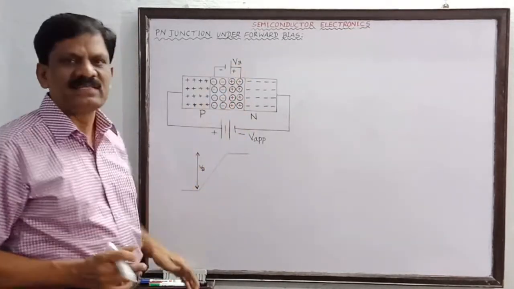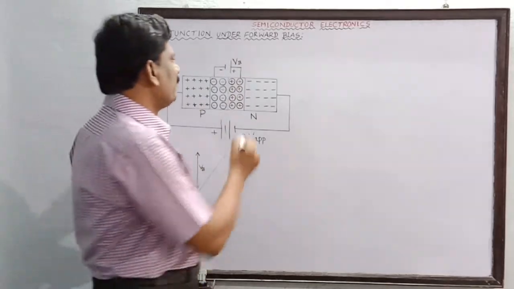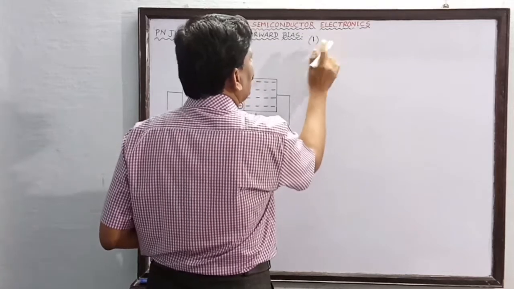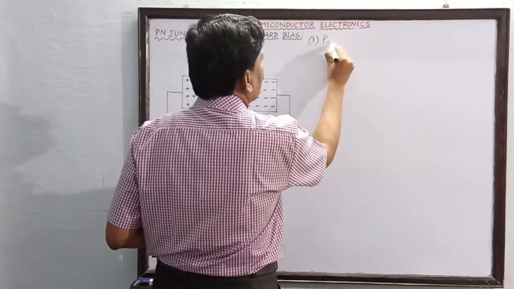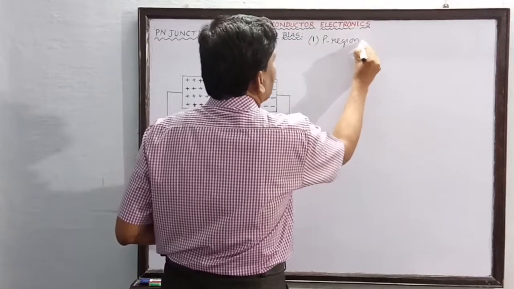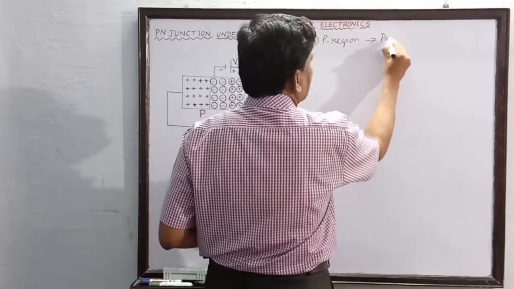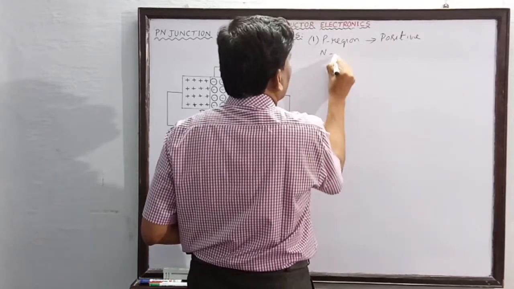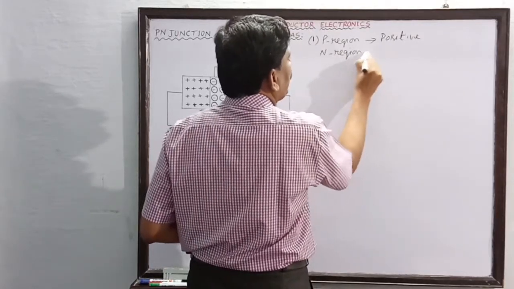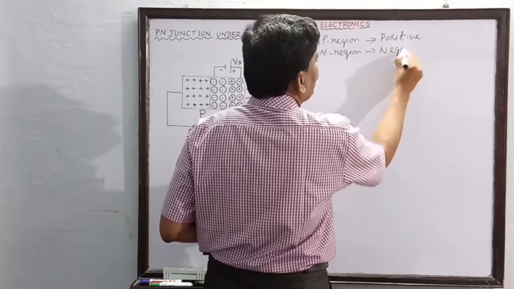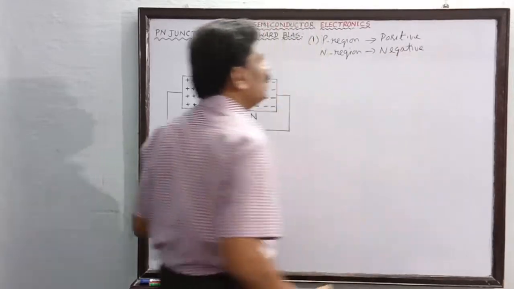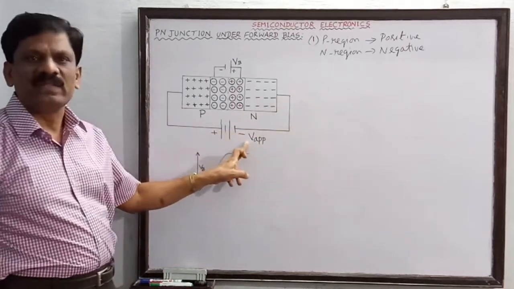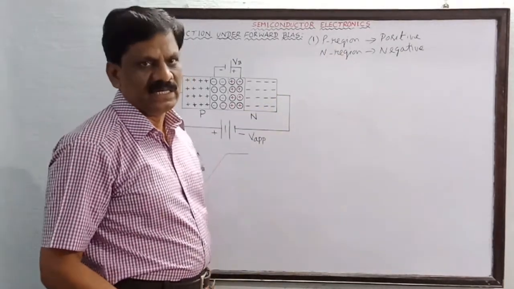So I am going to summarize the first three points. First, when is a diode said to be forward biased? The P region is connected to the positive and the N region is connected to the negative of an external battery.